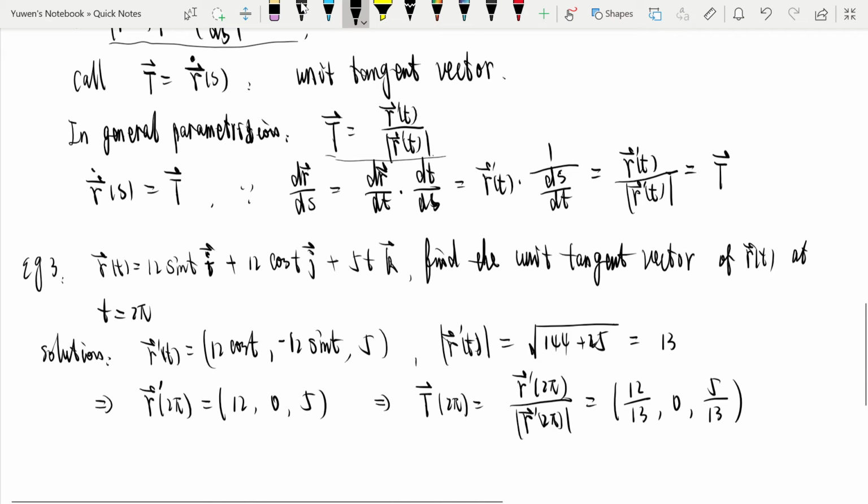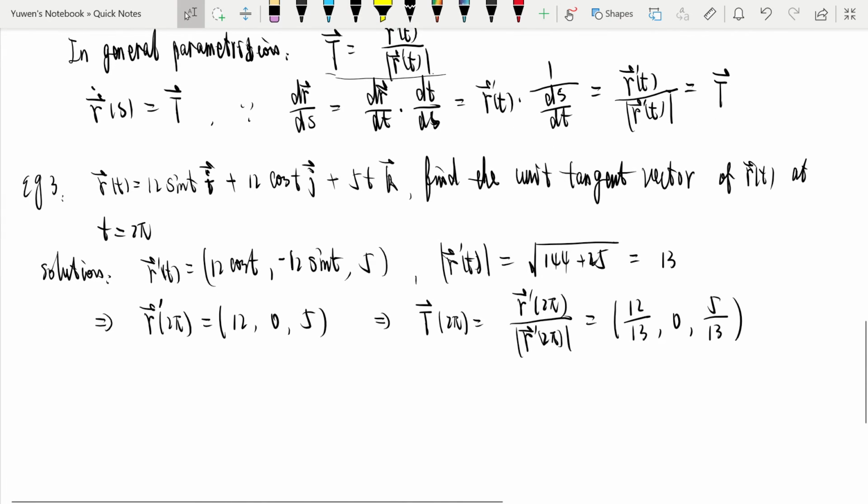That's the unit vector at 2 pi. This is the first way.